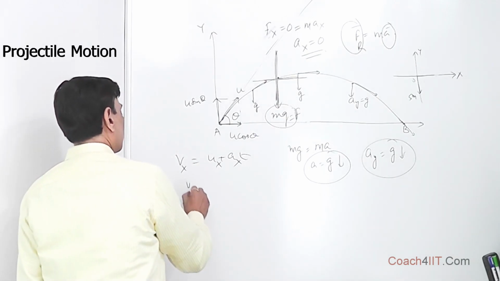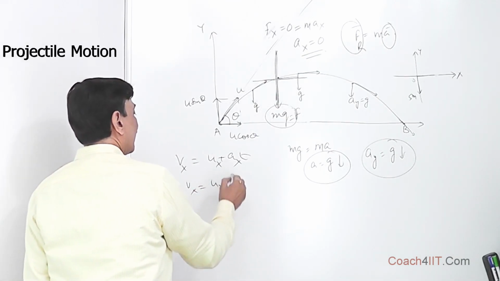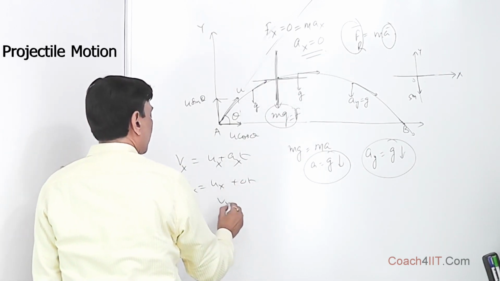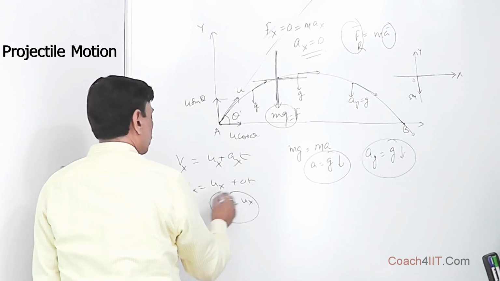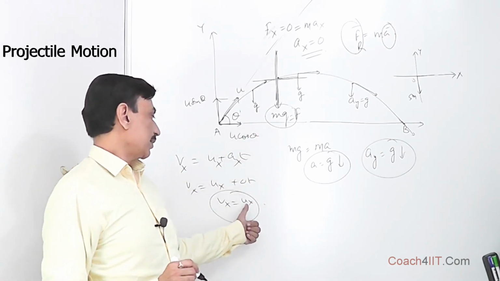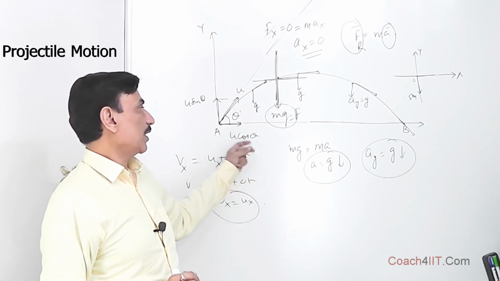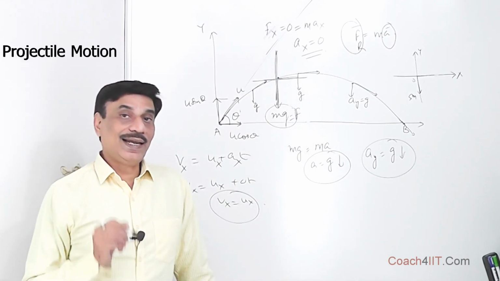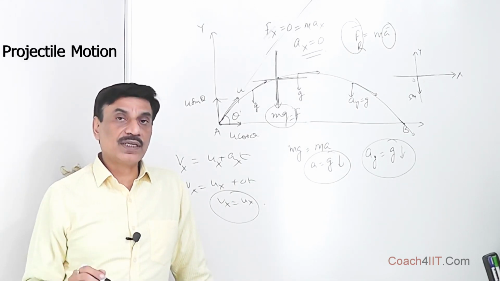So vx is equal to ux plus ax t, ax is equal to 0, so 0 into t, so vx is equal to ux, that is the velocity along the x-axis. It remains as u cos theta only, the initial velocity along the x-axis. So all the time this component of velocity along the x-axis will always remain as u cos theta.